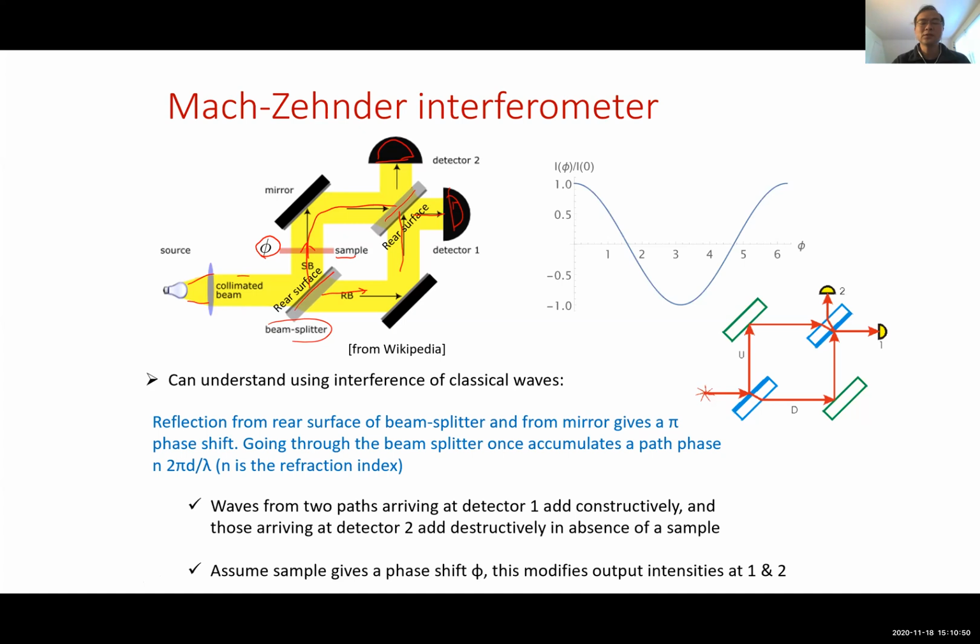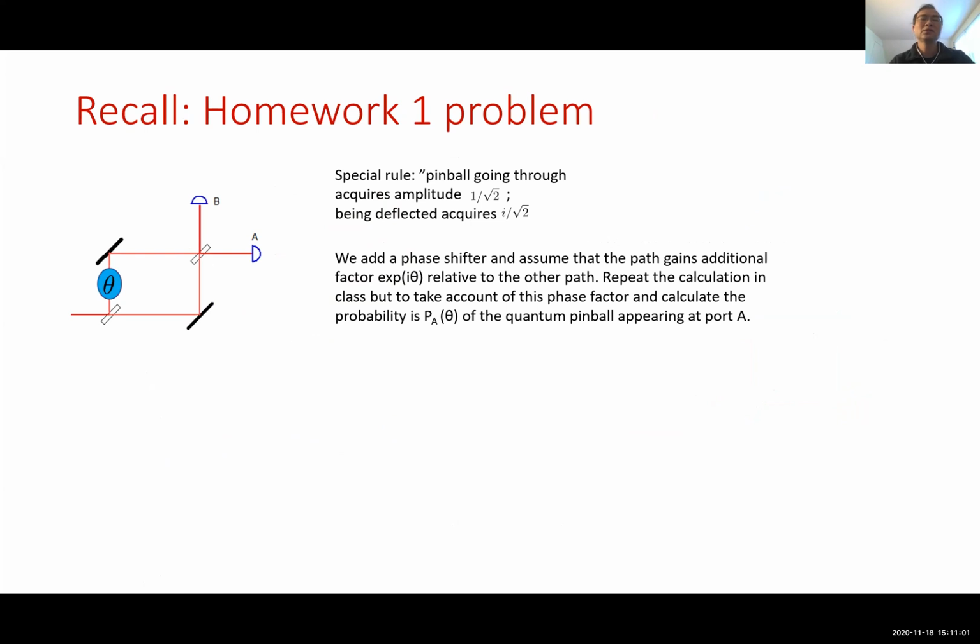Since we are more concerned with quantum mechanics, I'm not going to read through the details, but you could read that. Instead, I'm just going to refresh you on homework problem 1. I hope you still remember this homework problem. Remember we have a special rule: if a quantum pinball, which could be a photon or electron, goes through a beam splitter, we get an amplitude 1 over square root 2, and if it's reflected, we have i over square root 2.